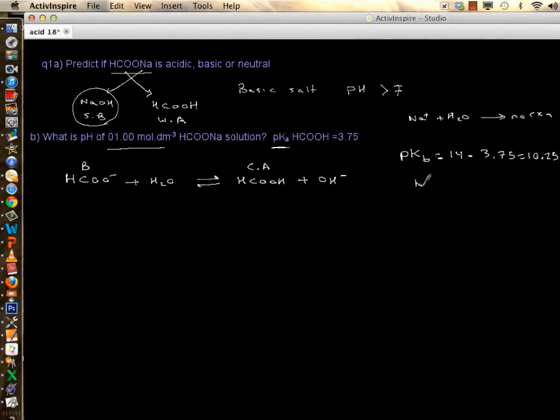How would you find Kb? Just inverse log or 10 raised to negative pKb, 10 to negative 10.25, and that will give you 5.6 times 10 to minus 11. So we have Kb. Let's just plug it in. We go after ICE. I'm going to do ICE in one line if you don't mind. It's initial concentration minus x.